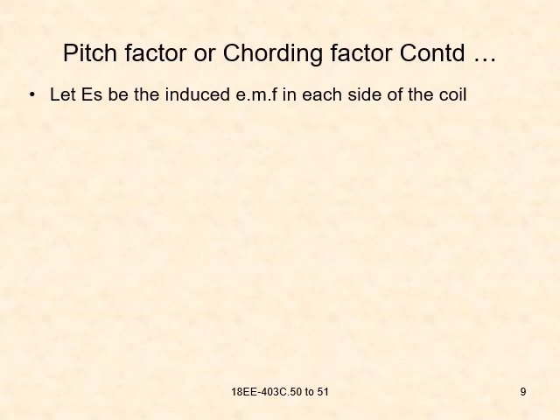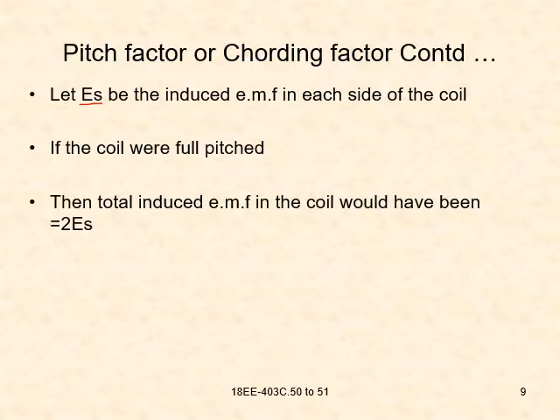So let ES be the induced EMF in each side of the coil. If the coil were full pitch, the total induced EMF in the coil would have been 2 ES.